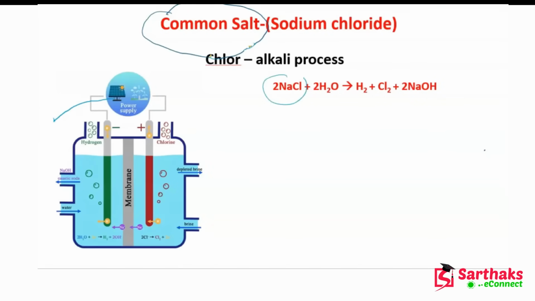Common salt is basically NaCl, or sodium chloride. Now what will happen in the chlor-alkali process? To understand this chlor-alkali process, let's move on to the next slide, and let's talk about some of the theoretical points related to this chlor-alkali process.